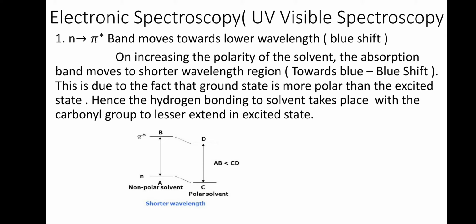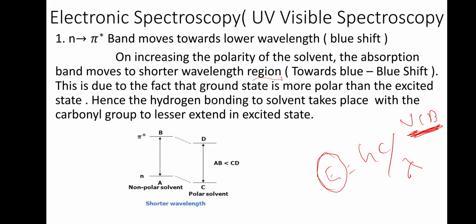On increasing the polarity of the solvent, the absorption band moves towards a shorter wavelength region. Shorter wavelength and energy are related by hc by lambda, so shorter wavelength means energy will be high. In VIBGYOR, violet or blue has more energy compared to red. That is why we call it blue shift.